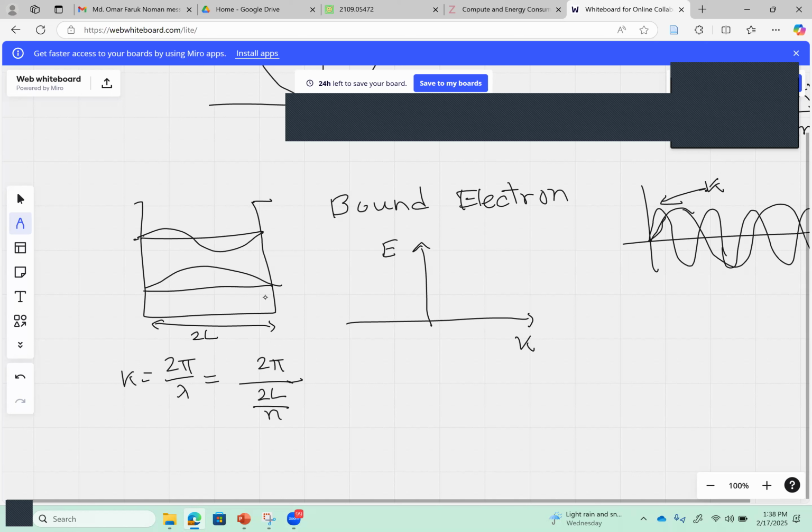So if lambda is discrete, k is also going to be discrete, right? And if k is discrete, we know that E is also going to be discrete because of this relation.